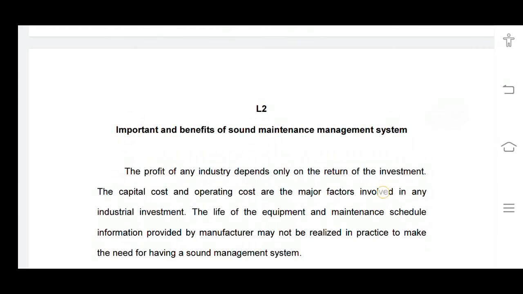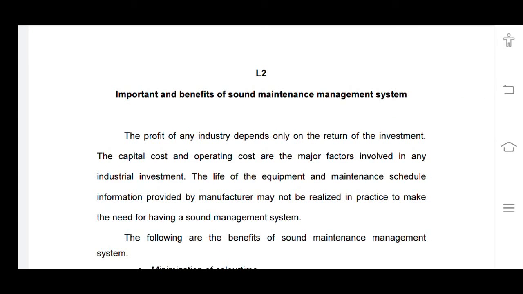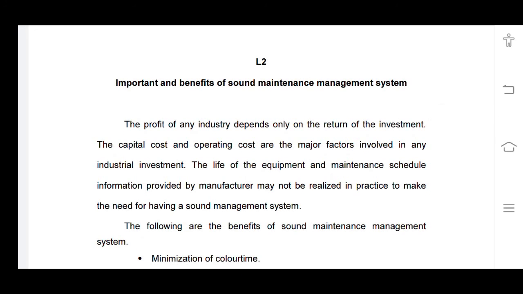And there are some important benefits of maintenance management system, because the main profit of any industry depends upon how they handle their maintenance cost. So there is also one important aspect of maintenance management.